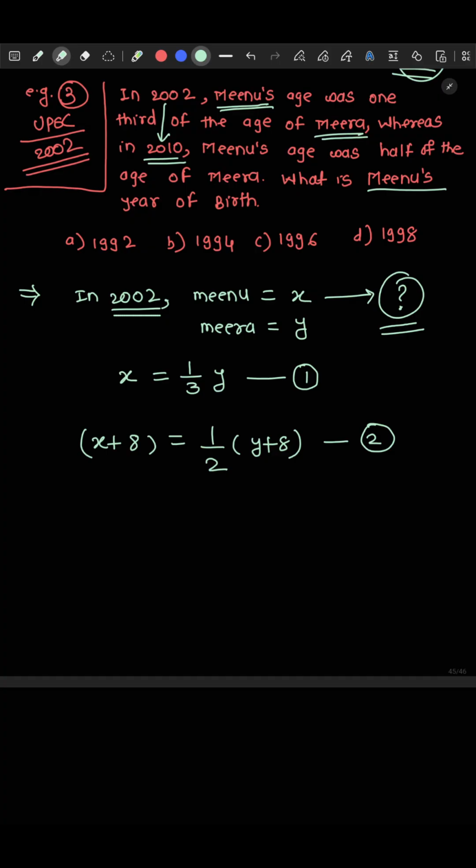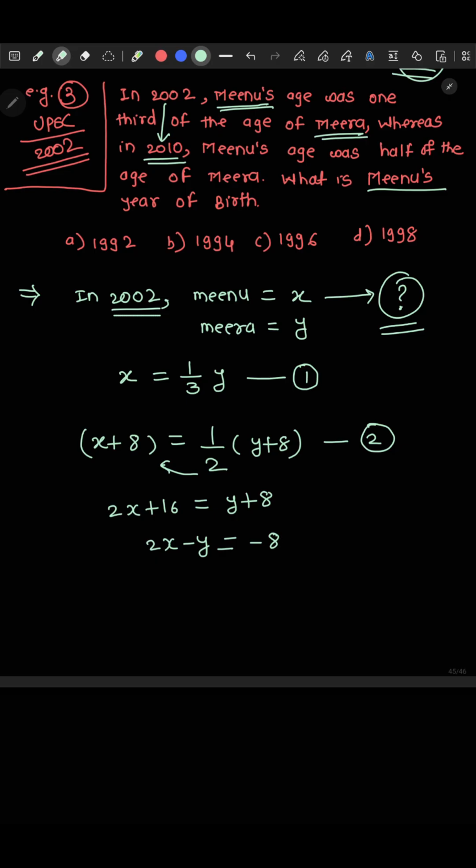Now let's solve this equation. So I'll try to simplify equation number 2. I'll just bring 2 here. So that will be 2X plus 16, that is equal to Y plus 8. And hence 2X minus Y will be equal to 8 minus 16, that is equal to minus 8.